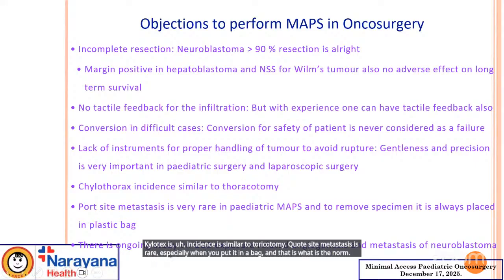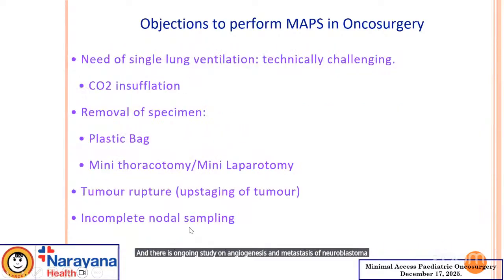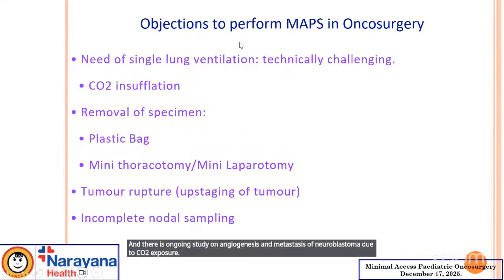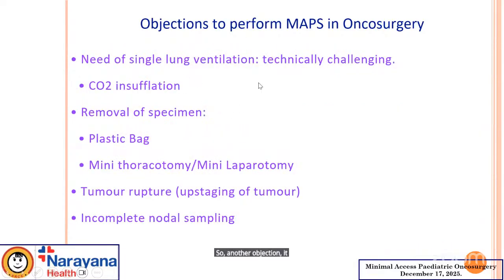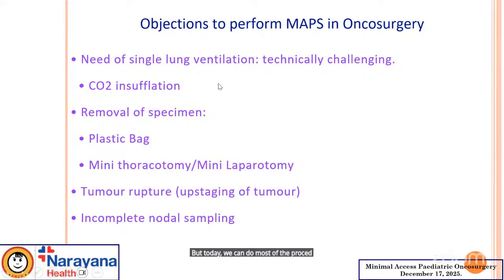There is an ongoing study on angiogenesis and metastasis of neuroblastoma due to CO2 exposure. Another objection is the need for single lung ventilation, which is not easy, but today we can do most of the procedures just by CO2 insufflation. Removal of the specimen is always by plastic bag or mini thoracotomy and mini laparotomy.